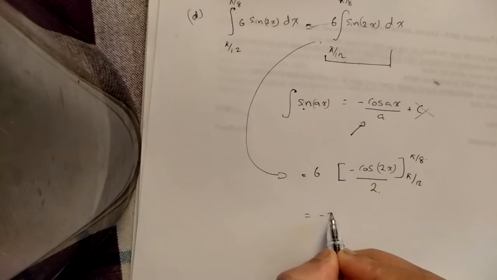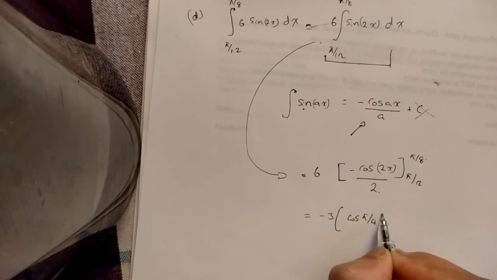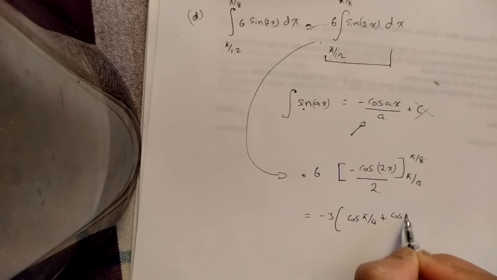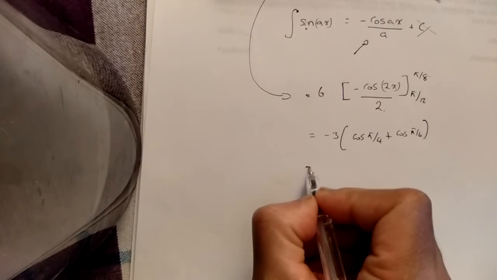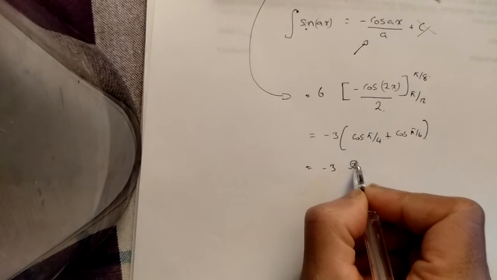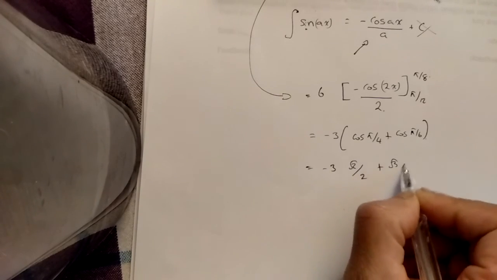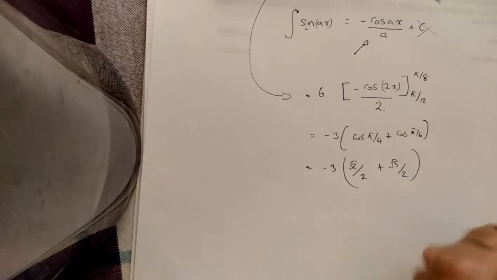So you have negative 3 times cosine pi over 4 plus cosine pi over 6. Then you have negative 3 times root 2 over 2 plus root 3 over 2. Right. So this is the answer.